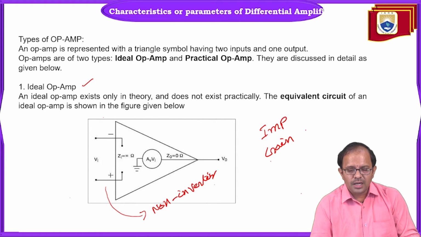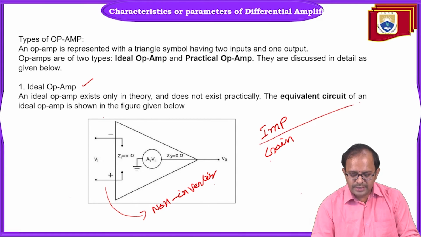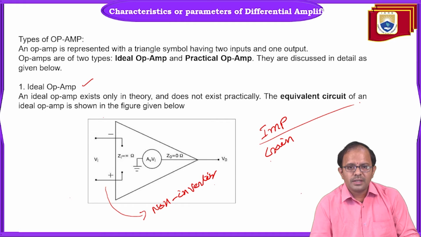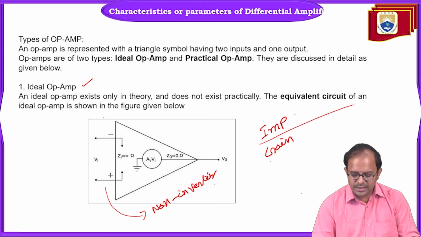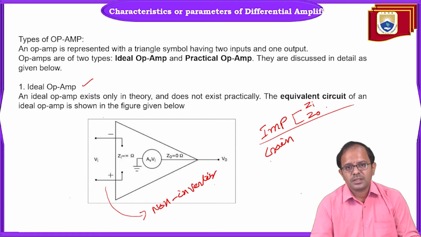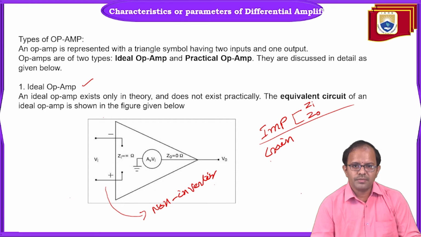Now we are going to categorize this operational amplifier in the context of impedance. This impedance is further categorized into input impedance, let us say Zi, and output impedance, that is Z0. Right. This is a major difference between ideal and practical differential amplifier.